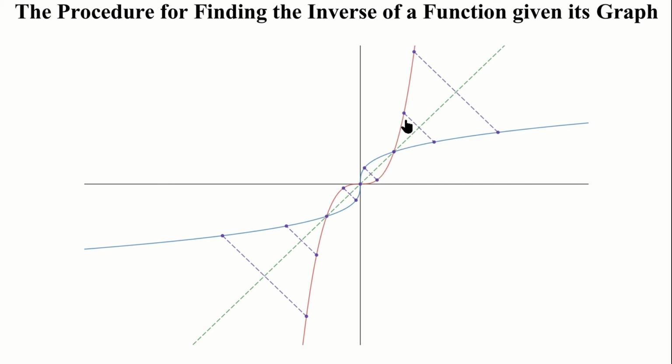And then we do this one. So notice we obtain this point, that point is already there, but it is obtained nevertheless, and this point. Now if we just draw a nice smooth red curve going through those points, we will have found the reflection of the blue graph.